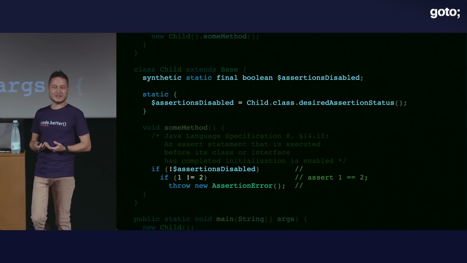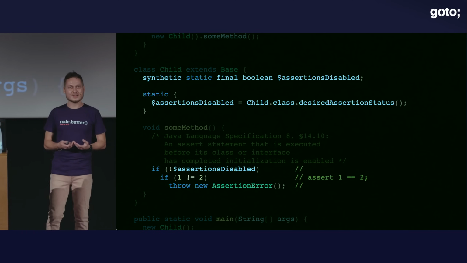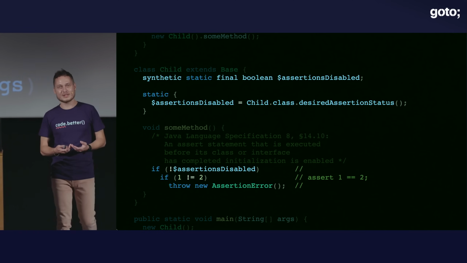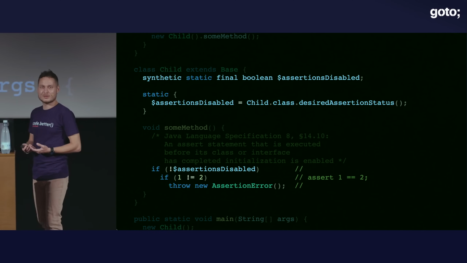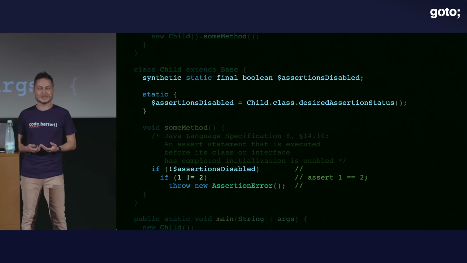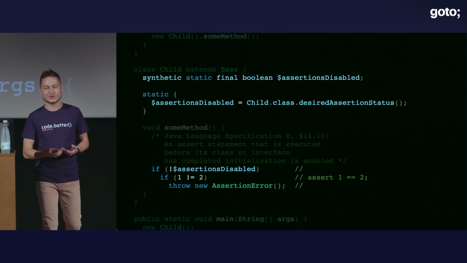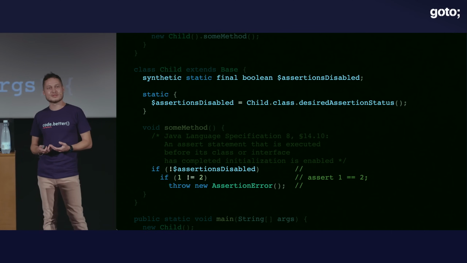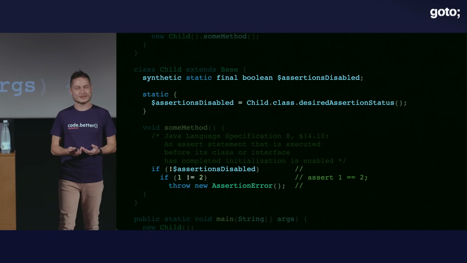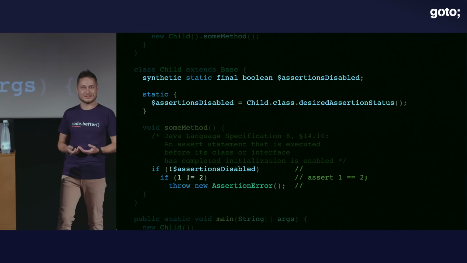But then the problem is the static initializer is going to be executed only when the class is fully initialized. And when the class is not fully initialized, the static initializer wasn't executed, so the field has its default value. In case of booleans, the default value is false.